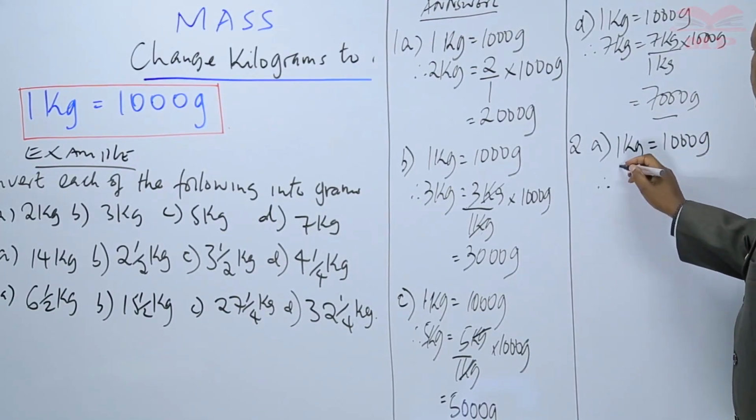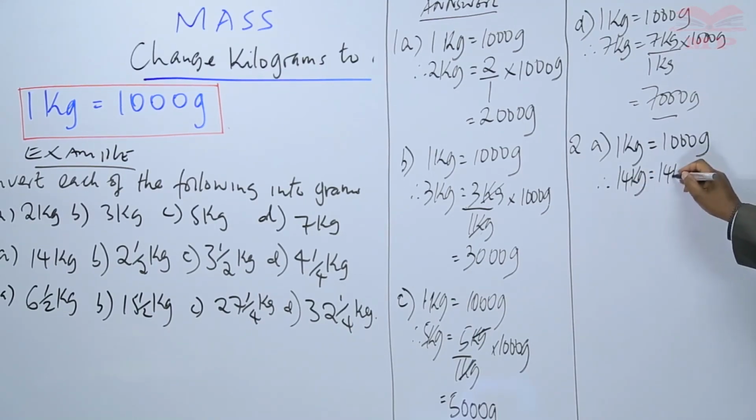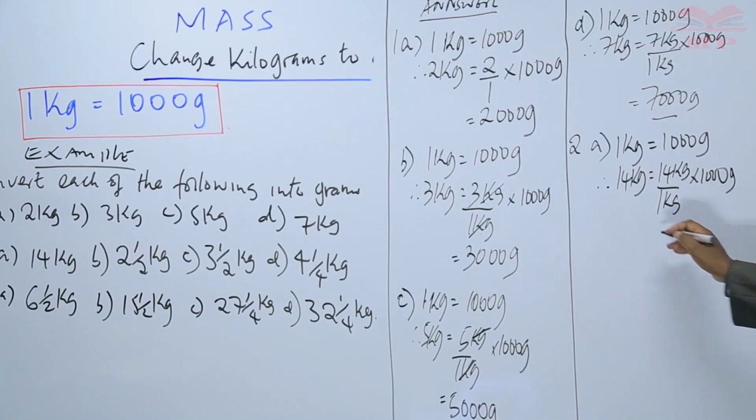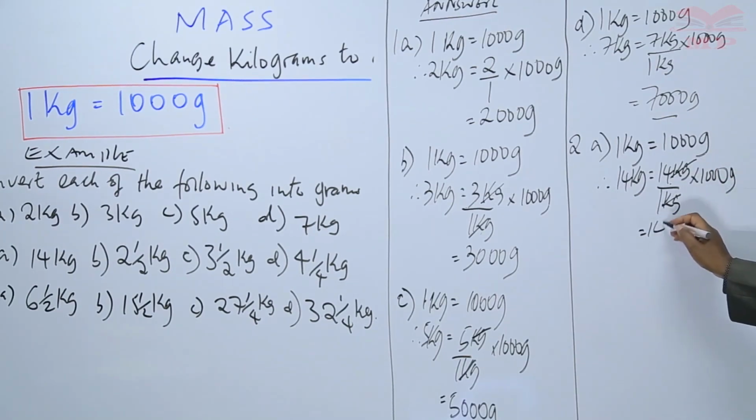Therefore, 14 kilograms will be equal to 14 kilograms over 1 kilogram times 1,000 grams, giving us 14,000 times 1,000, because this will cancel with that. So we have 14,000 grams. That is 2A.